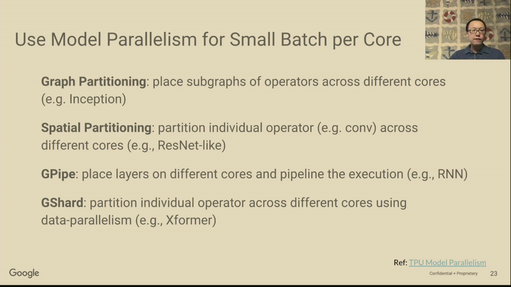And we also have pipeline parallelism called GPipe, which is very effective for models that are very deep. And finally, we have GShard, which is a general way to partition both weights and activations for a model for scalability. So my colleague Zhifeng will talk in more detail about GShard in the next session.